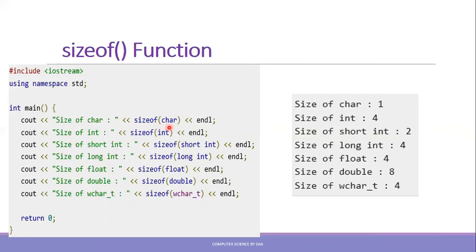How much memory will the character data type take? Then sizeof int, again we have used the reserved word sizeof, and within the brackets we have passed the data type integer. Then cout sizeof short int, then cout sizeof long int, then cout sizeof float, then sizeof double, and sizeof wchar_t.